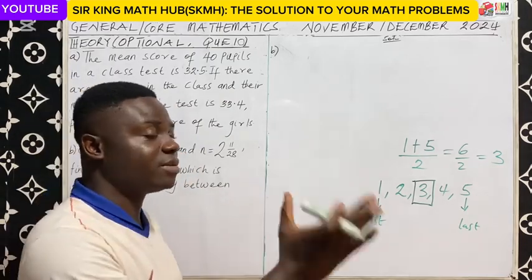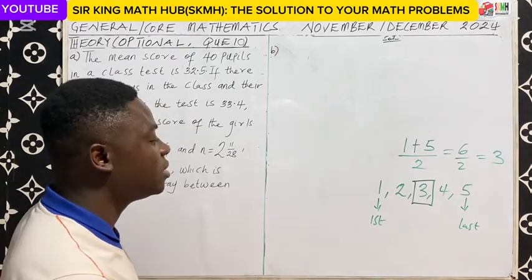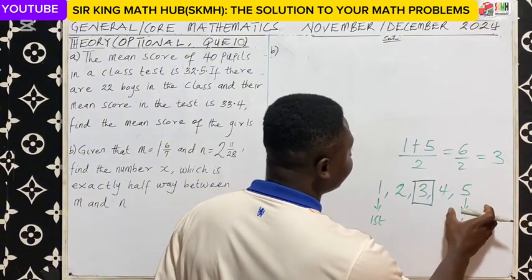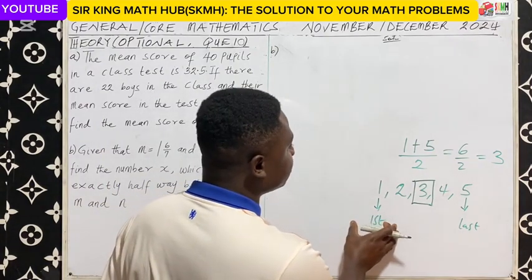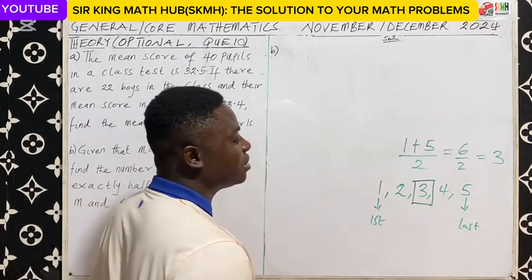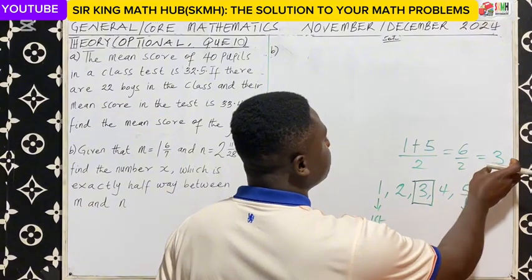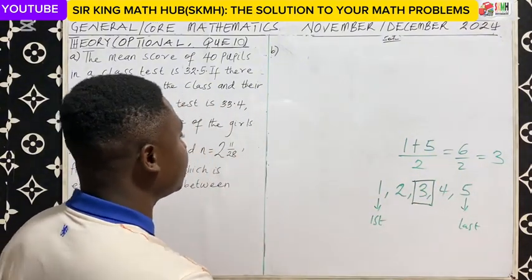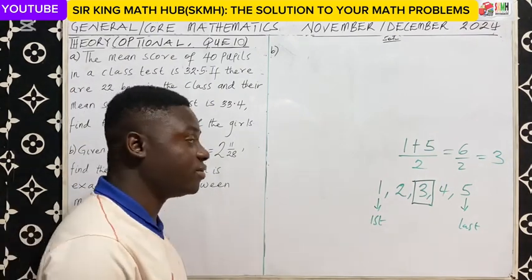Anytime you are given some range of numbers and you want to locate the middle number, just add the first and the last number, and then from there you divide by 2. That will also locate the number that is found exactly halfway between the two given numbers.